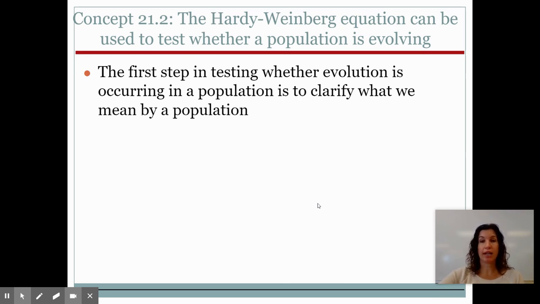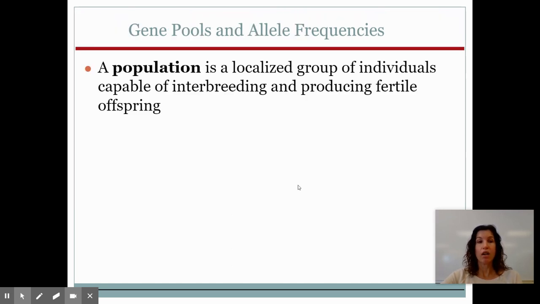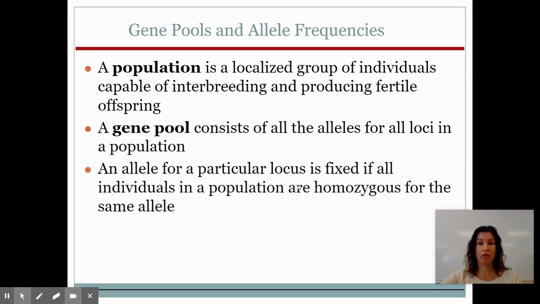The first step in testing whether evolution is occurring in a population is to clarify what we mean by a population. A population is a localized group of individuals capable of interbreeding and producing fertile offspring. A gene pool consists of all the alleles for all the loci in that population. An allele for a particular locus is fixed if all individuals in a population are homozygous for the same allele.